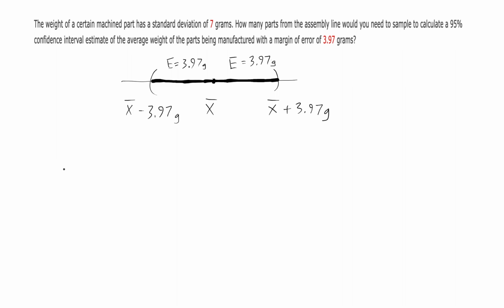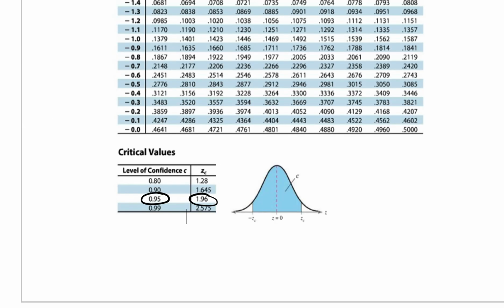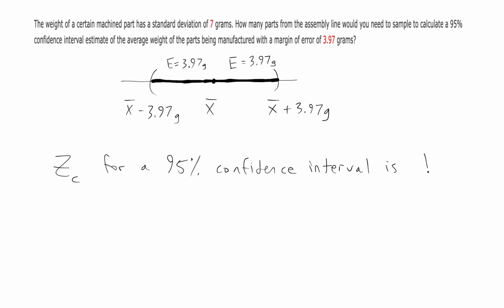So the ZC for a 95% confidence interval is 1.96. Alright, so with that in mind, we'll use the formula E equals ZC sigma over square root of n.